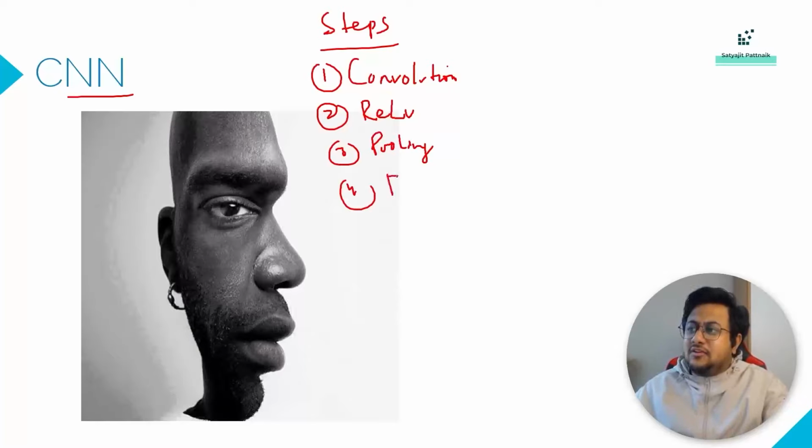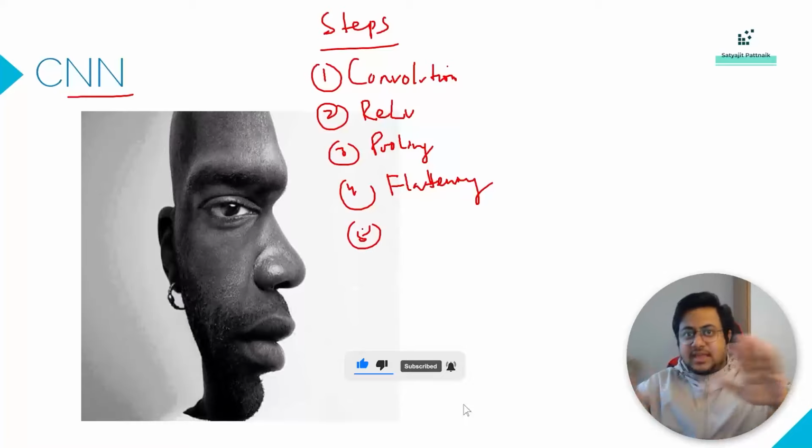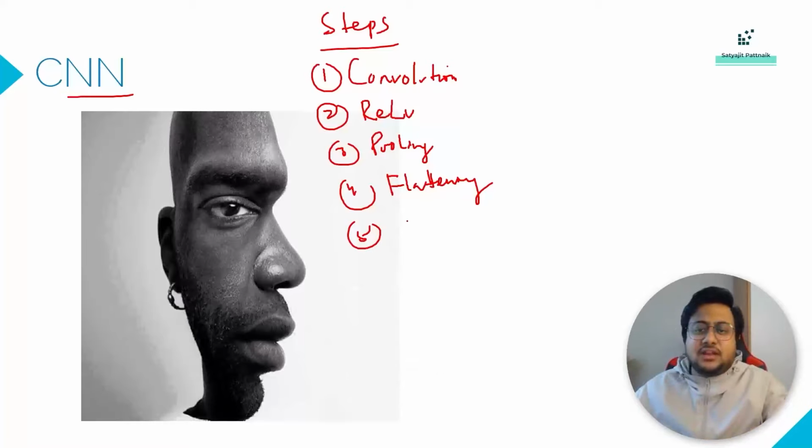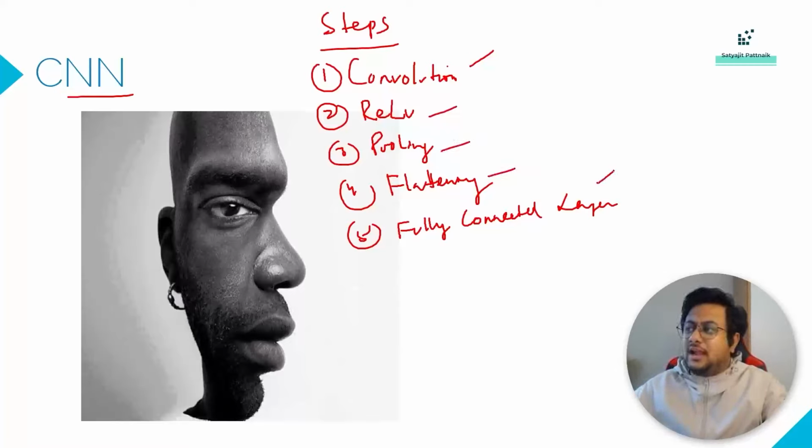Fourth is flattening, that means making it flat. And the fifth and the last is the fully connected layer. Convolution, ReLu, pooling, flattening, and fully connected layer. These are the major steps in the CNN networks.